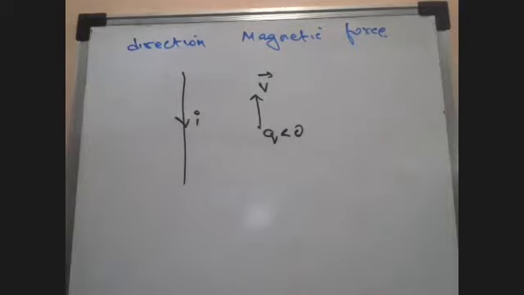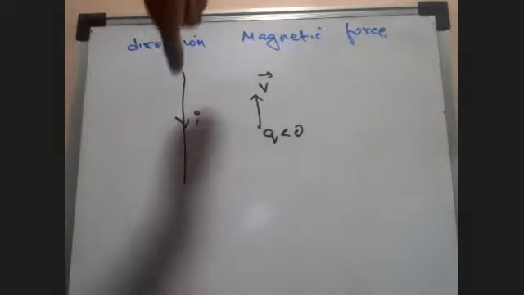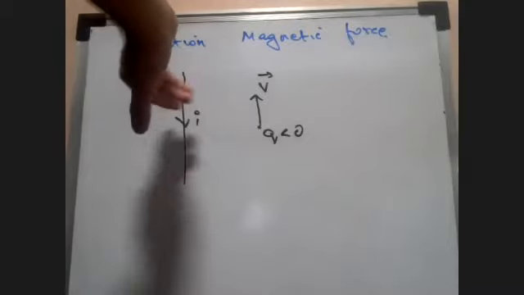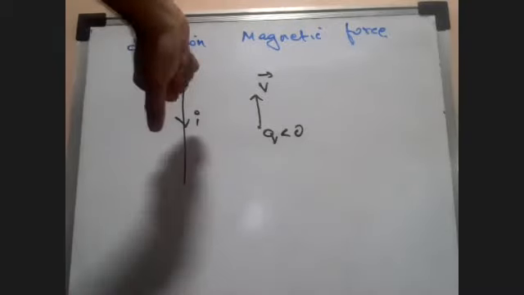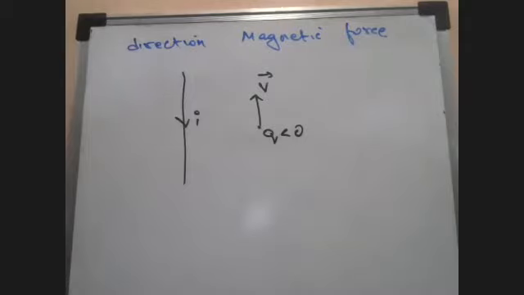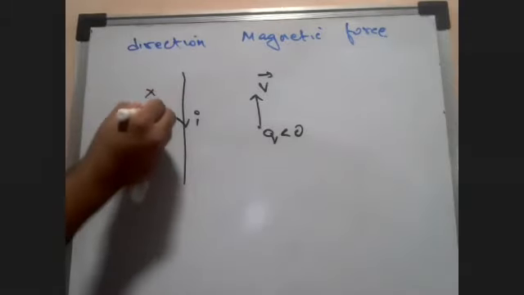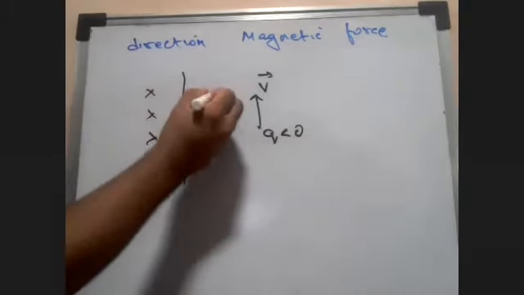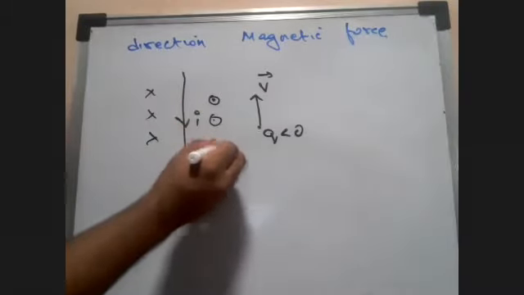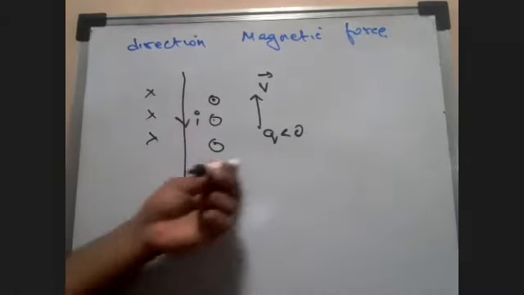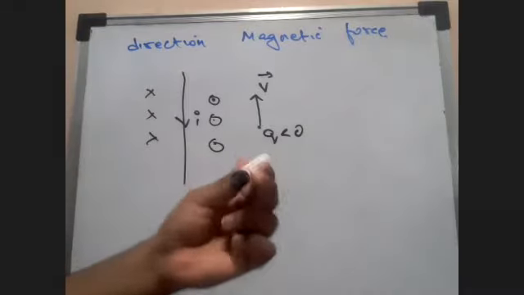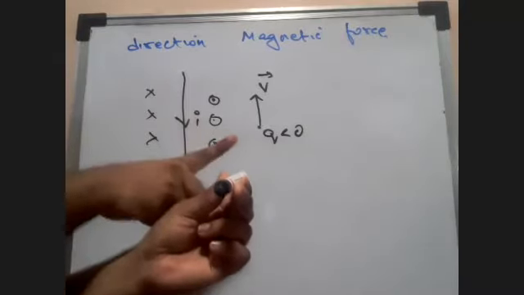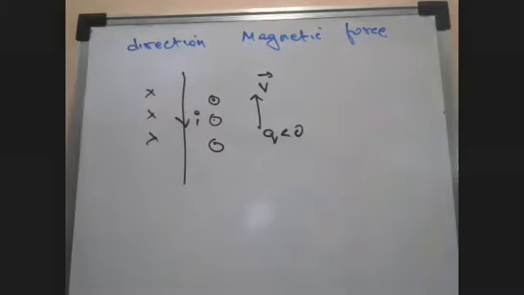Look here. Again, apply the right hand thumb rule. Curl your fingers. Curling, you will understand that the magnetic field is going inside over here, and the magnetic field comes outside in this case. So now the magnetic field is pointing towards you on the right hand side, and the velocity vector is going on top. Please apply the right hand thumb rule.